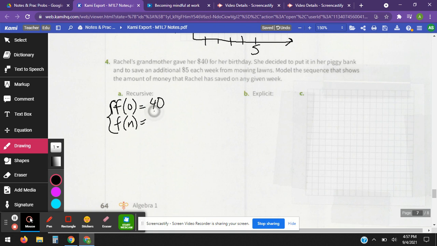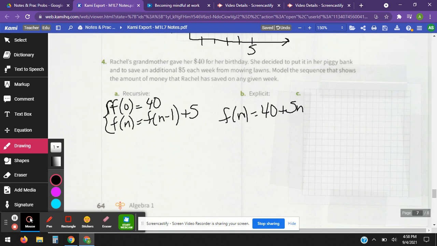And what she did with that was she took that $40 and every time she added $5 each week, which means she starts with 40 and she adds 5 each week. And since the first week she does add 5, we don't need an n minus 0.